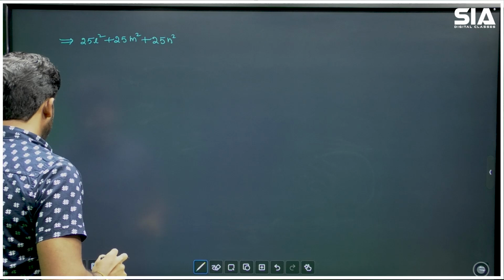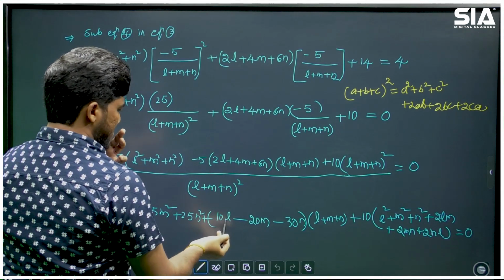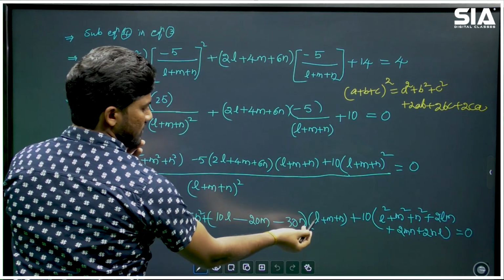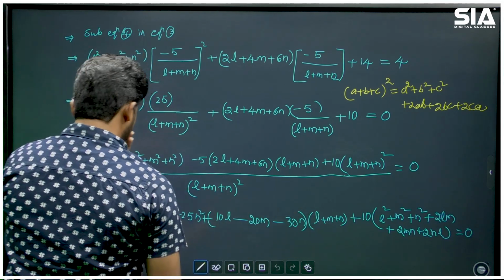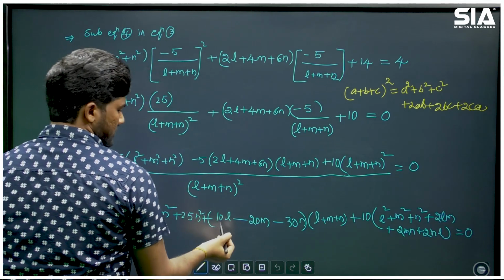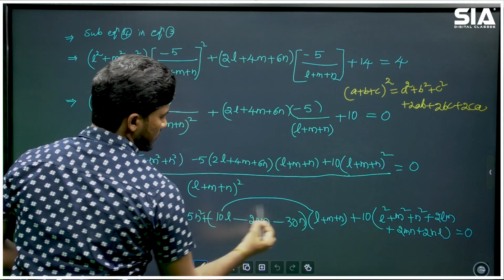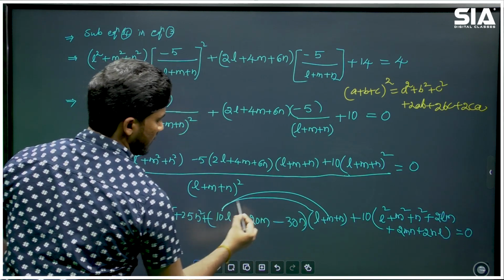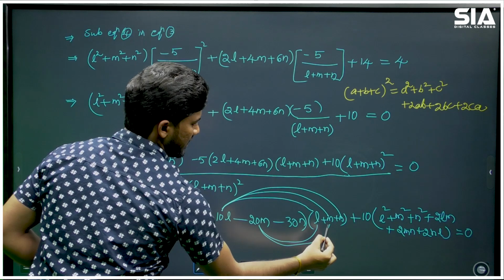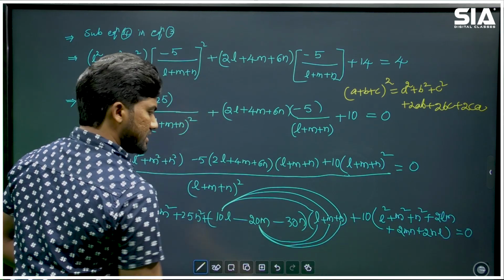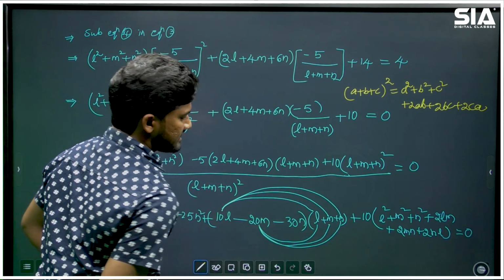So its previous value is minus 10L; minus 10L into L, minus 10L square, and M and N. With the minus 10L you have to multiply these three values. Similarly, with minus 20M, you have to multiply these three values. Similarly, you have to multiply minus 30N.